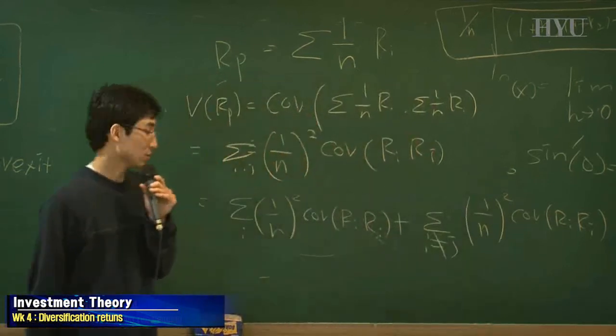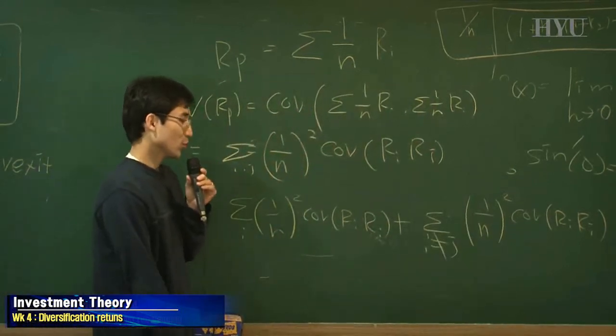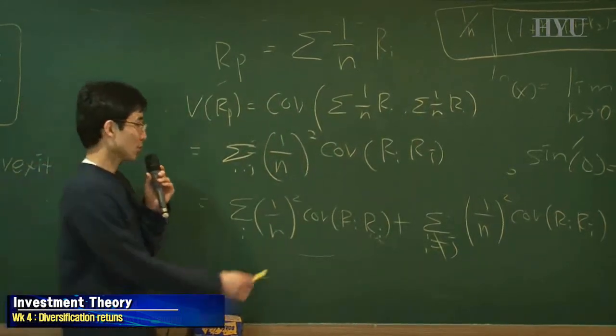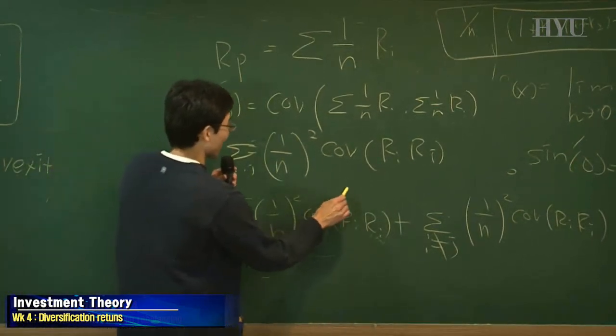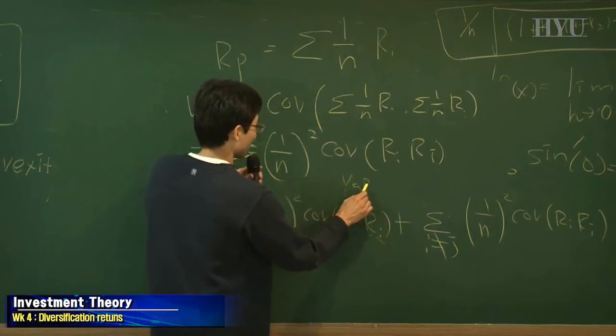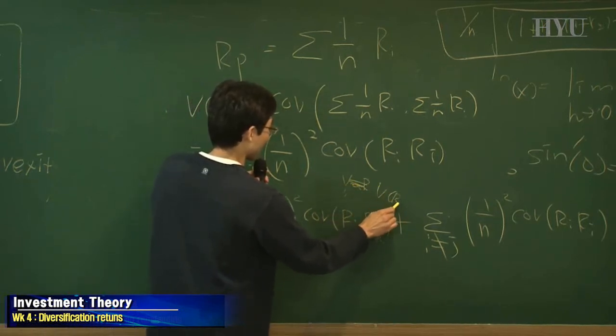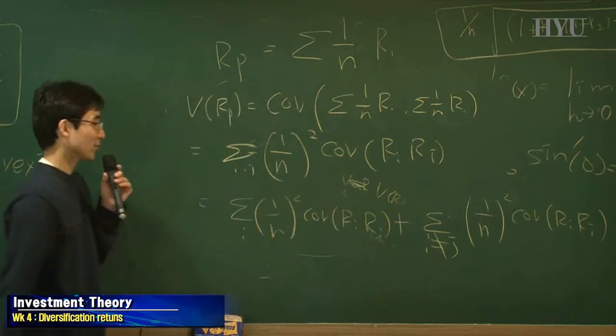Something like this, right? Since we have n assets and we assume all variances are the same, this part is the variance of Ri. So there are n variances, right?